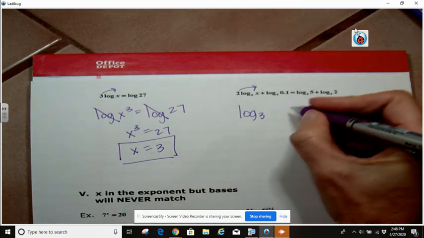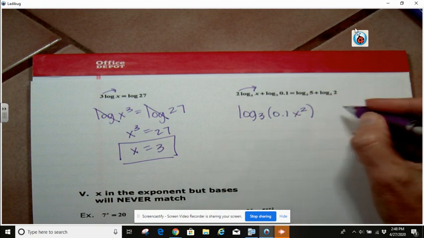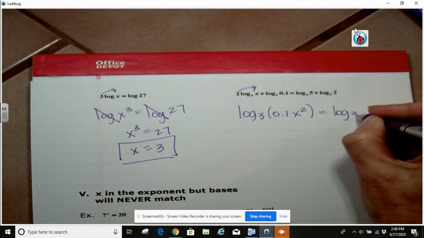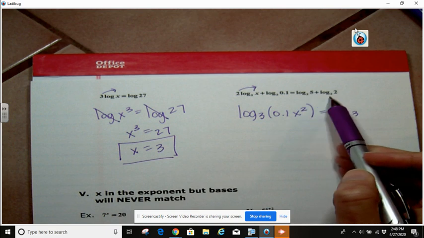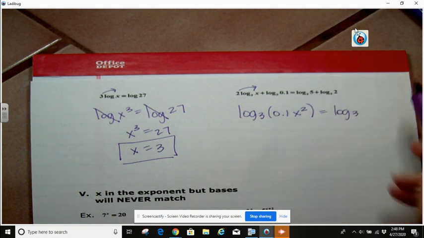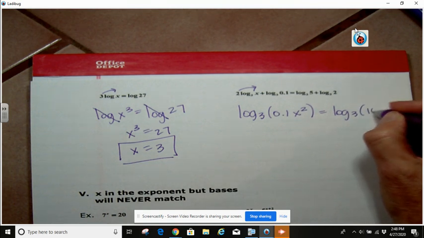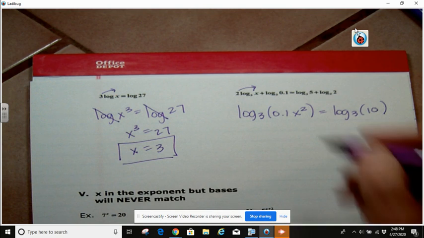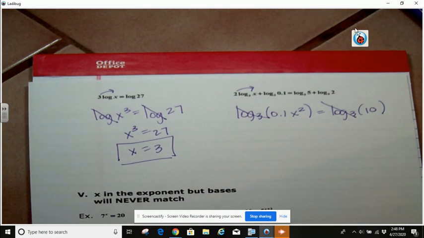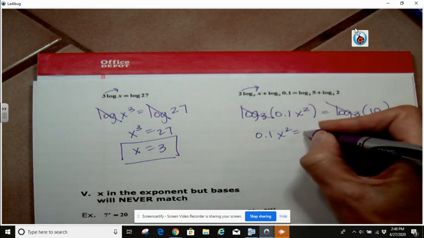So over on this side, it would be 0.1 x squared. And over here, I would condense these 2 logs to 1 log by taking the 5 and the 2 and changing it to a product. So that'd be 5 times 2, and I would get 10. Then I can cross out the log on each side. So I have 0.1 x squared equals 10.